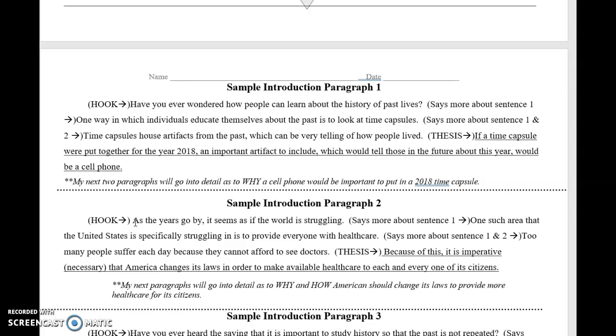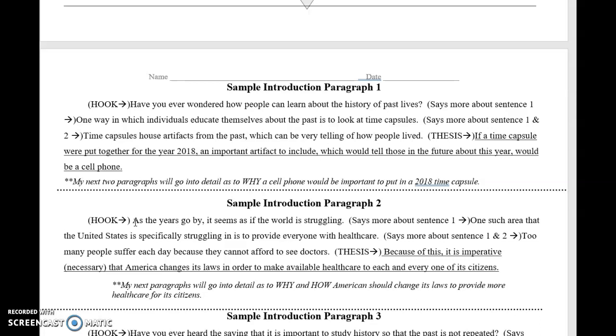One such area that the United States is specifically struggling in is to provide everyone with health care. Oh, so we go from the whole world, now we go to U.S. health care. More narrowed focus. Sentence 3. Too many people suffer each day because they cannot afford to see doctors.